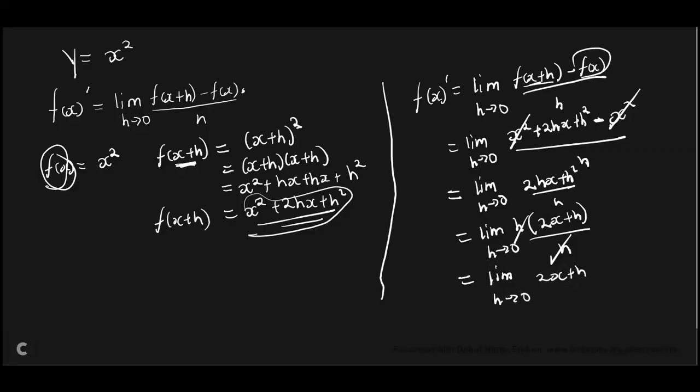Then from there you substitute: wherever there's h, you substitute with 0. So after putting 0, you have the answer, which is 2x. So 2x, that's the f prime of x.